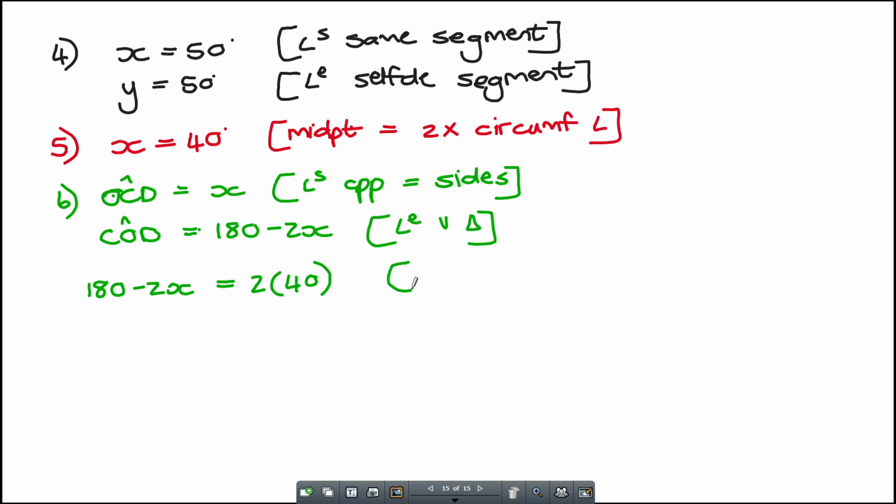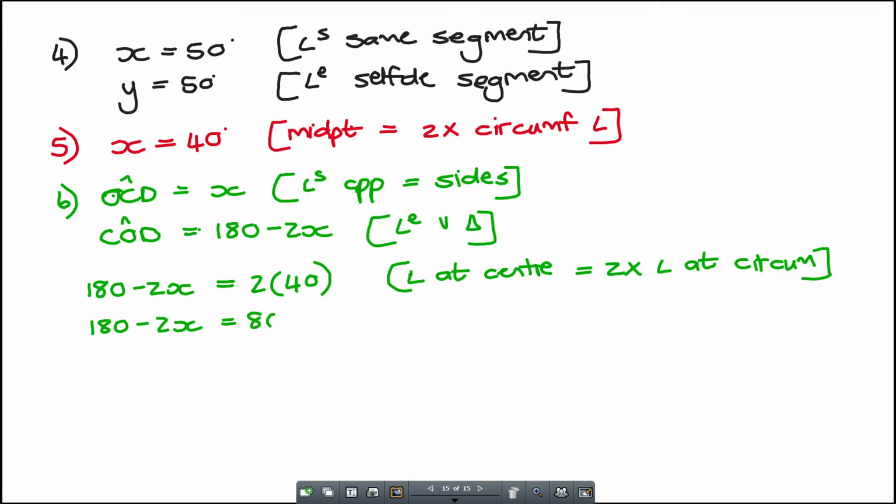Rede is nog steeds angle at center 2 times angle at circumference. Okay, so dan het ek 180 minus 2x is gelyk aan 80. So 2x will be 100, meaning x would be 50.